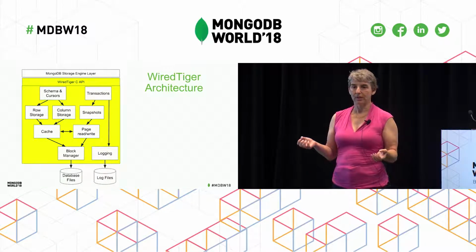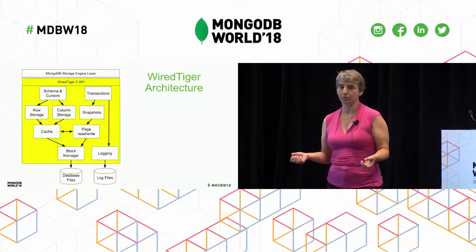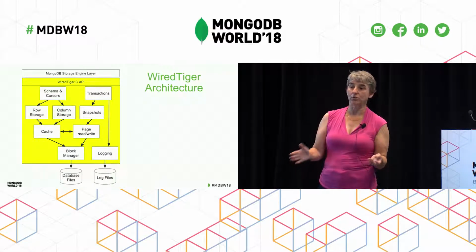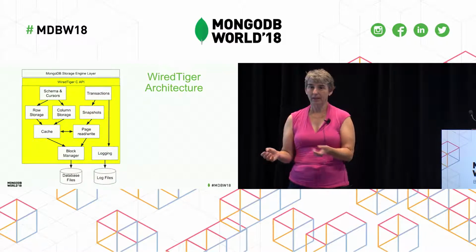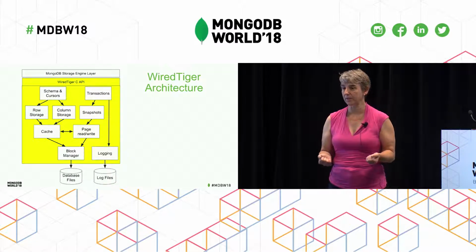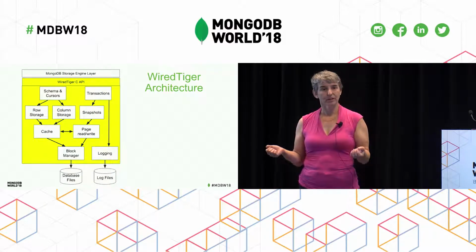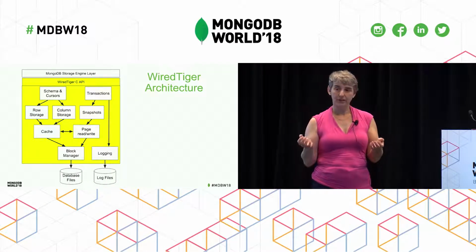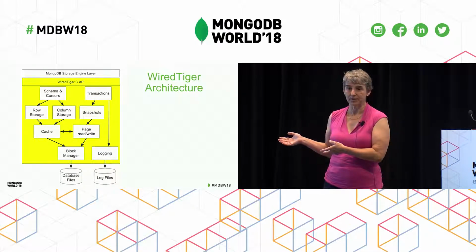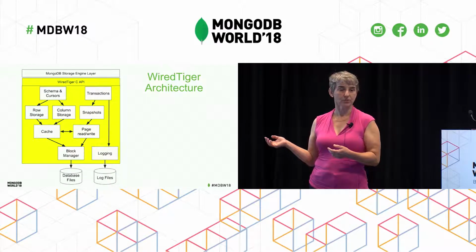Beneath the cursors, we have the row store and column store portions of WiredTiger. MongoDB uses the row store, and that's how we manage your data within WiredTiger. And below that, we have the WiredTiger cache. Anyone who was here for Keith's talk, that is where the MVCC list of updates are stored.